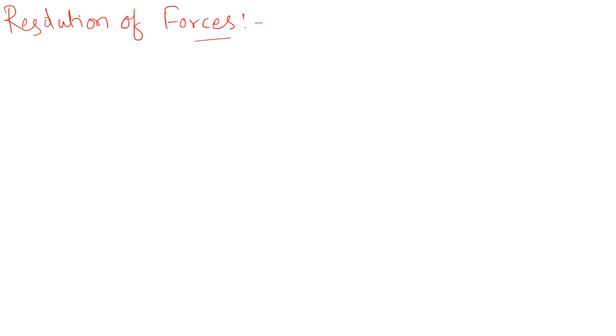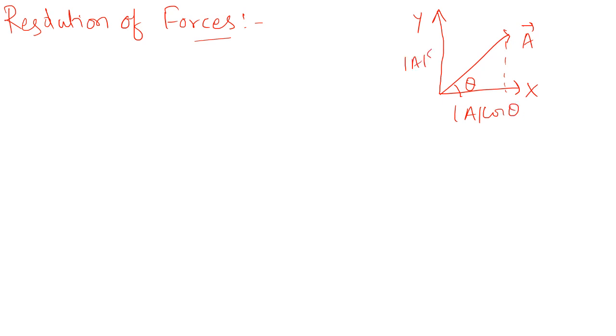So you are familiar with the vector resolving of a vector along the x-axis and along the y-axis. Let us suppose this is the x-axis and this is the y-axis, and there is a vector A. The component of A along the x-axis, if this vector makes an angle theta, will be A cos theta and this will be A sin theta.